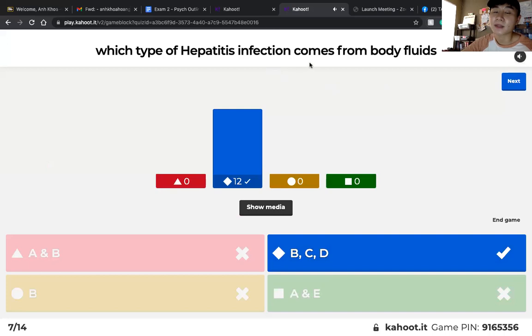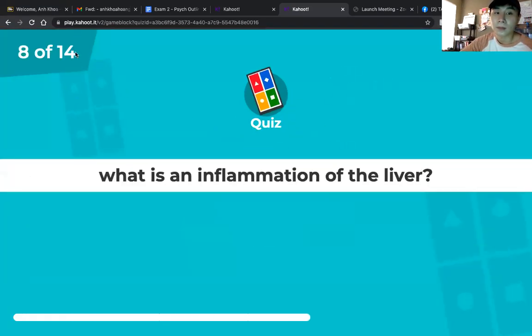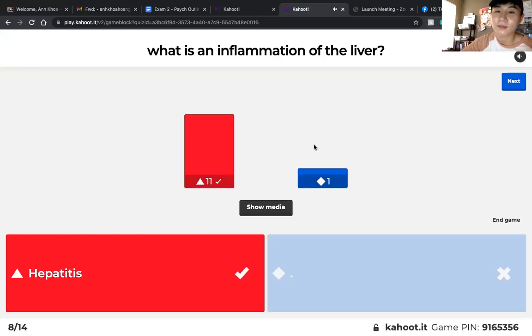B, C, D are the types of hepatitis infection that come from body fluids. I mean, yeah. Inflammation of the liver is hepatitis and it is acute.